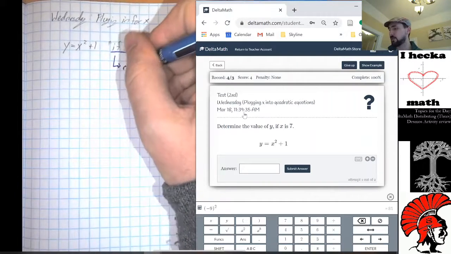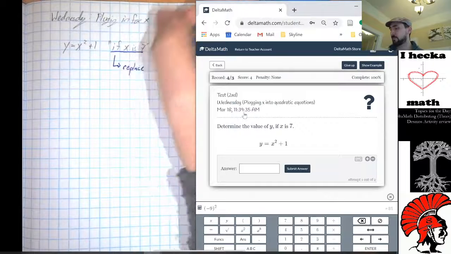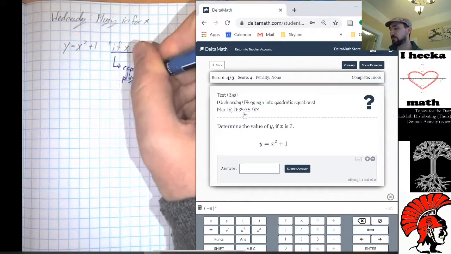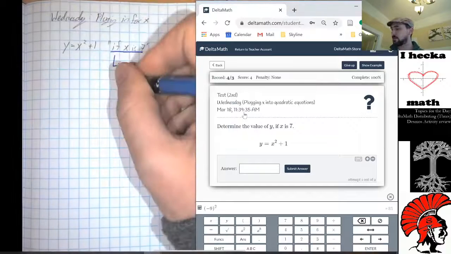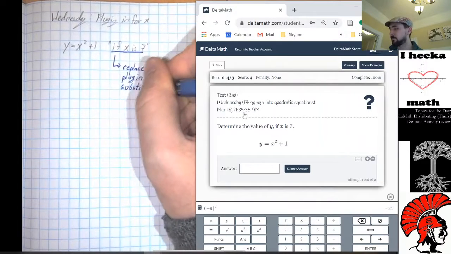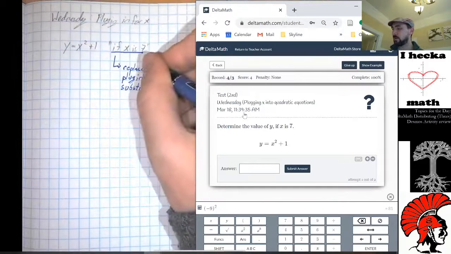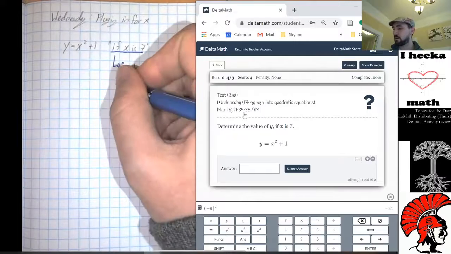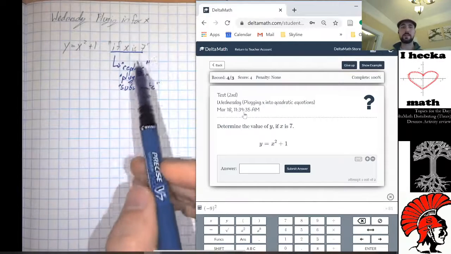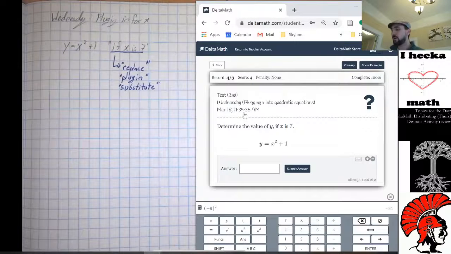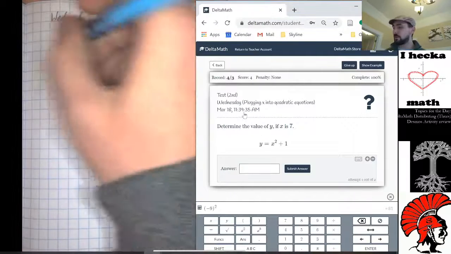Replace, plug in, substitute, right? All of these words are the kinds of things we need to do when they say if x is 7. Okay, so let's do that.